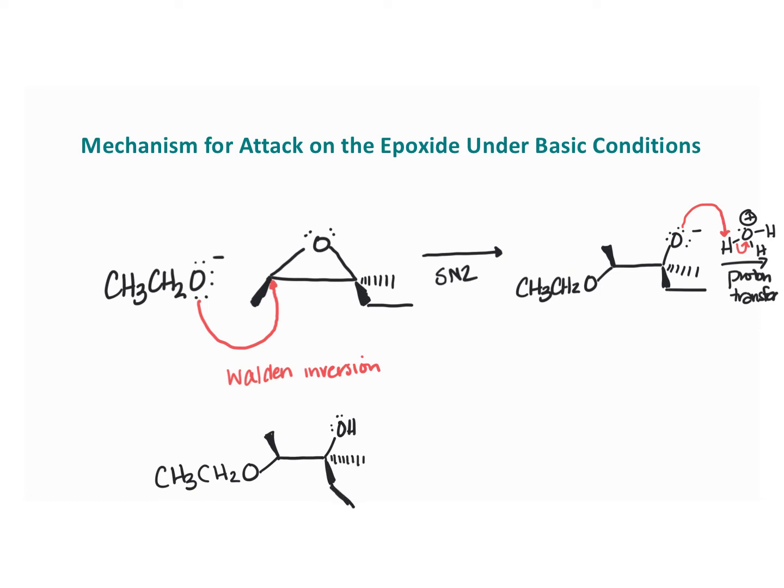Let's not be lazy drawing our bonds there, okay? So the attack occurs at the least substituted site because there's less steric hindrance, and then it leads to a Walden inversion. And basically the remaining groups attached to that carbon flip upwards.